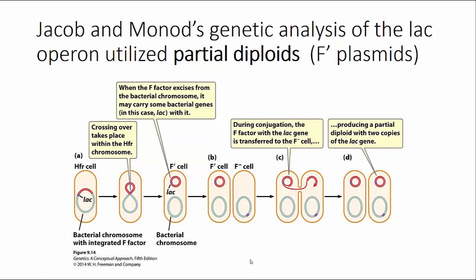Suffice it to say that bacterial cells normally just have one of every single gene. They are not diploid like we are, but if you put an extra copy of that lac operon on a plasmid, a small extra piece of DNA within the cell, you can create a situation where you have two copies of your gene of interest. So these cells would be partial diploids for the lac operon.